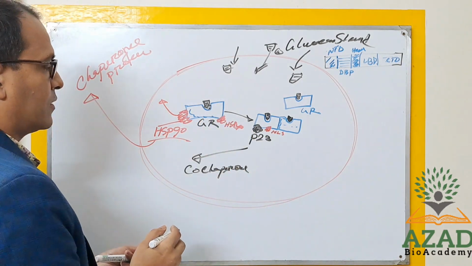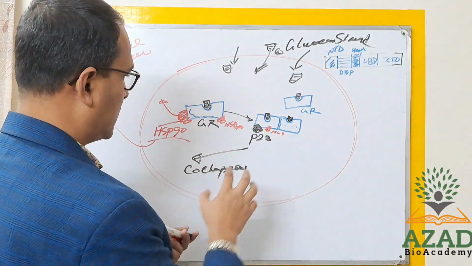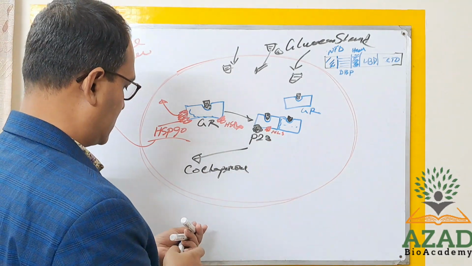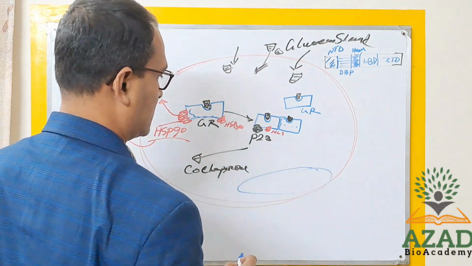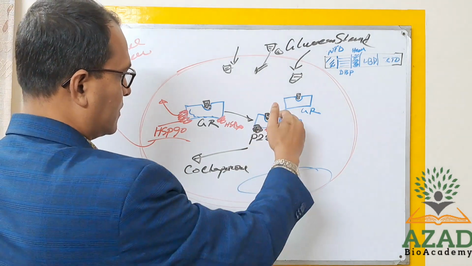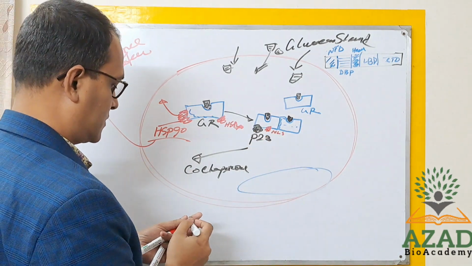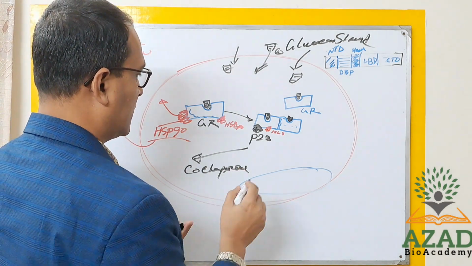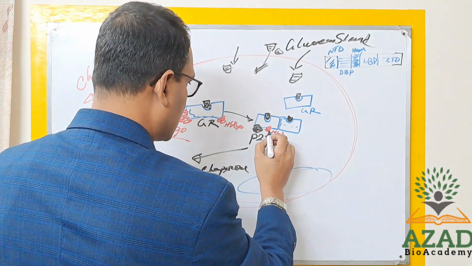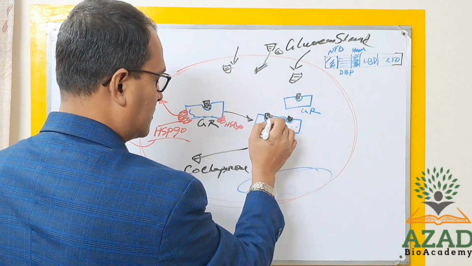And then what will happen after that, its main target is to reach the nucleus. Okay, the main target is to reach the nucleus. So how will it translocate from here to there? So another protein is very important. That protein will attach with the NLS sequence of that receptor.